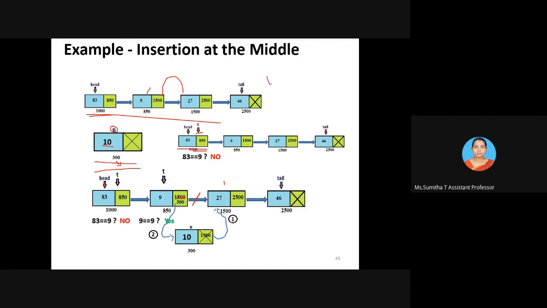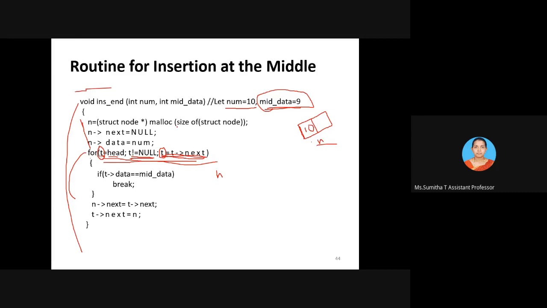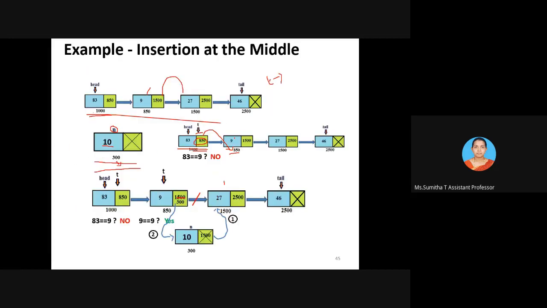What is the meaning of t arrow operator next? Yes, the pointer field of that node. T arrow operator next means it points to the address of the next one, so it is incremented by one to this address. Now in the second iteration, t changes to this node.